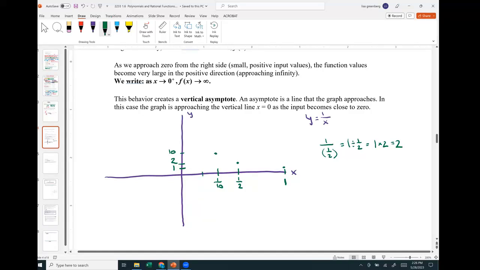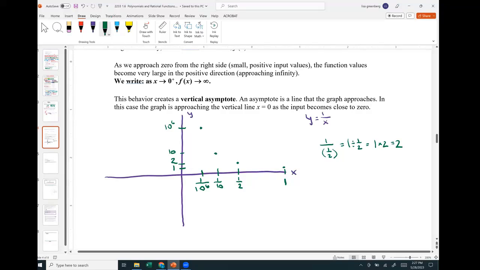What if we pick a point 1 over 1 million? So I'm going to write 10 to the 6th power as 1 million. So this is 1 over 1 million, and it's going to be 1 million.